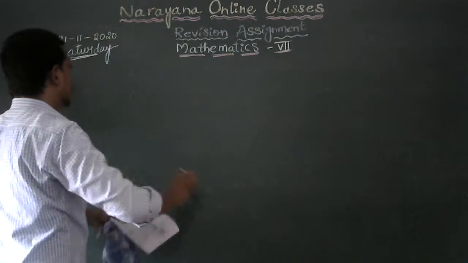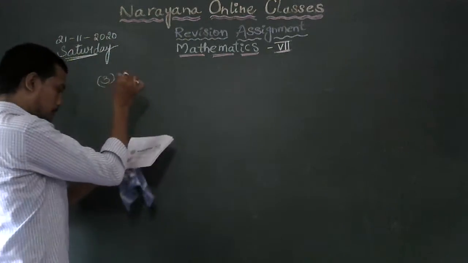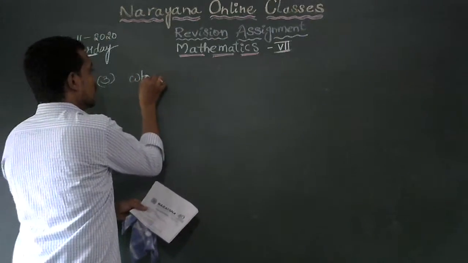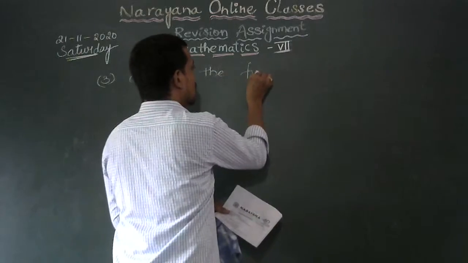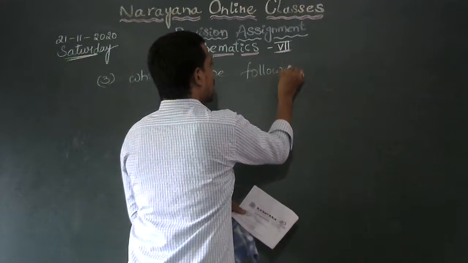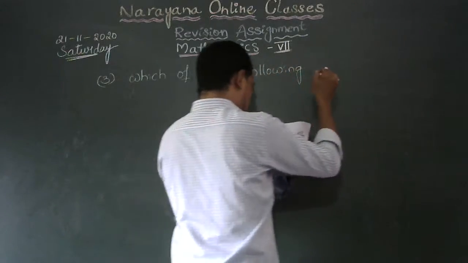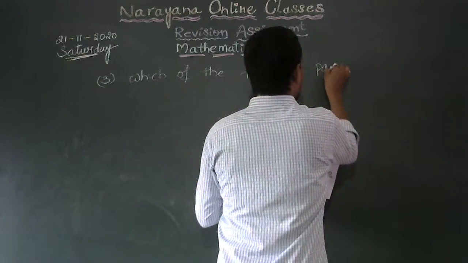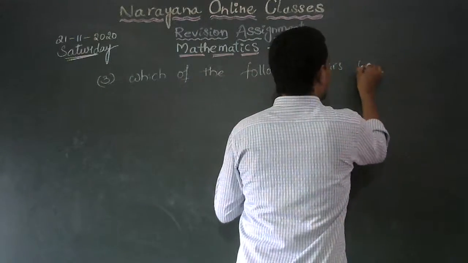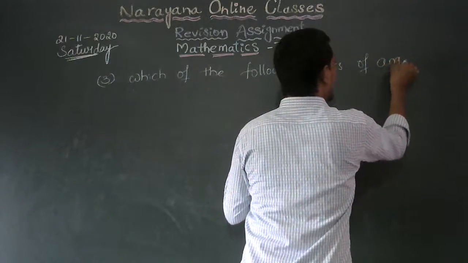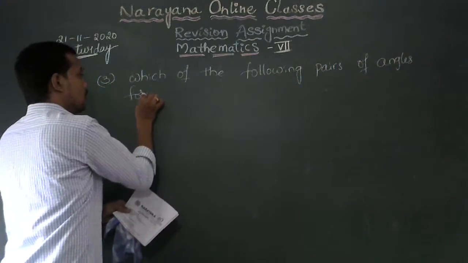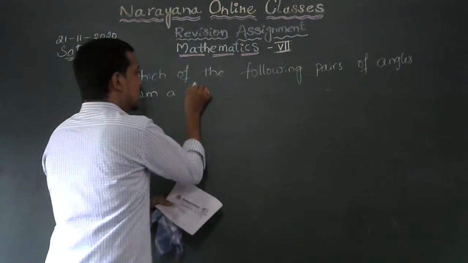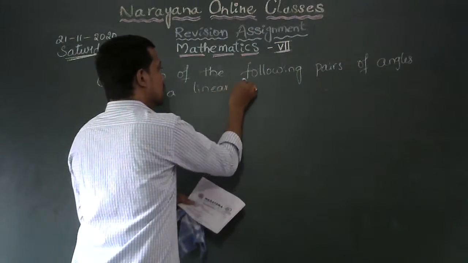So now the third one. Which of the following pairs of angles form a linear pair?